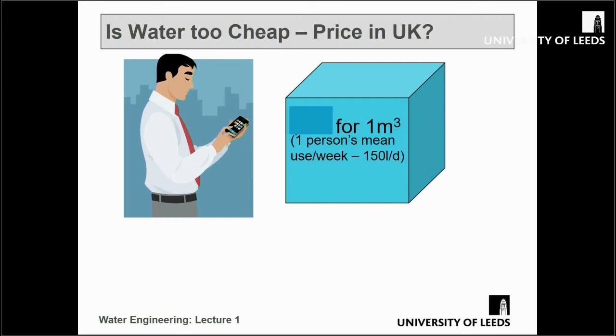Is water too cheap? How much does water cost? Anyone know how much you pay for water at home? Because none of you pay for water at home, do you? About £1 a cubic metre. Maybe any advances? How much does that bottle of water cost you?